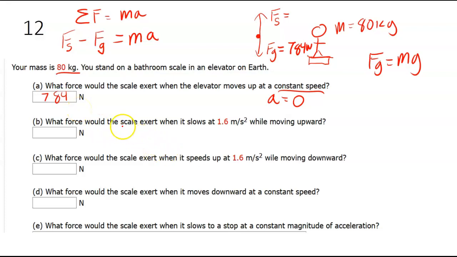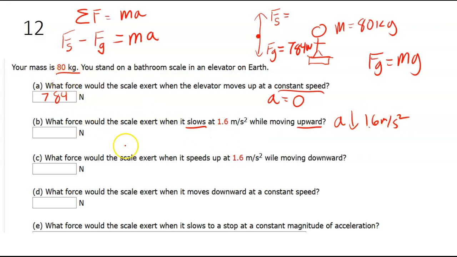What happens when the scale is slowing as it moves upwards? Well, slowing down corresponds to acceleration being in the opposite direction of velocity. So in this case, I know that my acceleration is downwards at 1.6 meters per second squared.